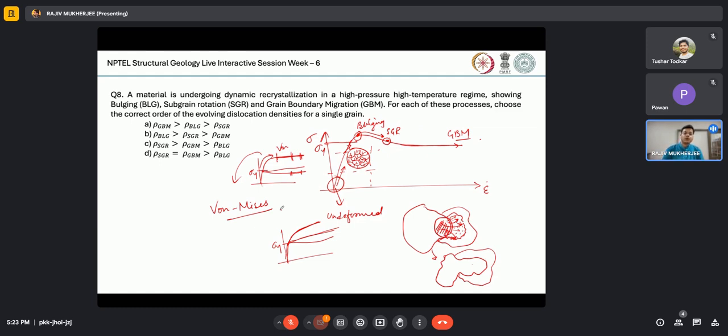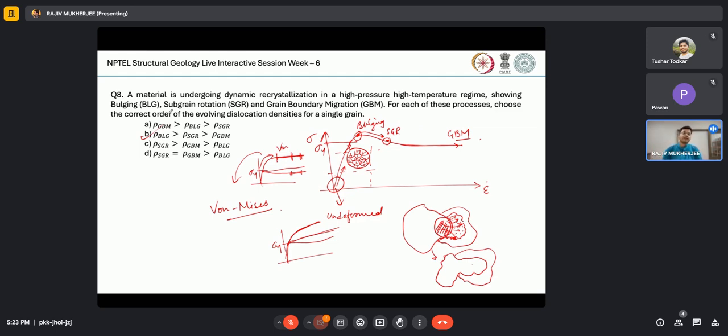So that being said, you can now easily say in which case the dislocation density will be highest. I guess option B is correct, right? So you go from bulging, then to subgrain, and then to GBM. That means you are eventually decreasing the dislocation density.